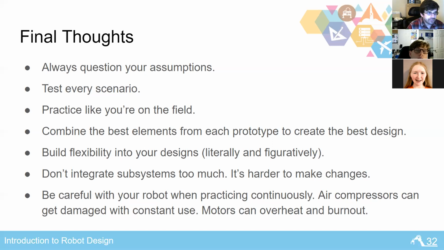The other side of flexibility that is really easy to miss is that since every mechanism and every game piece has tolerances, you can't rely on exact dimensions for a mechanism to work well.